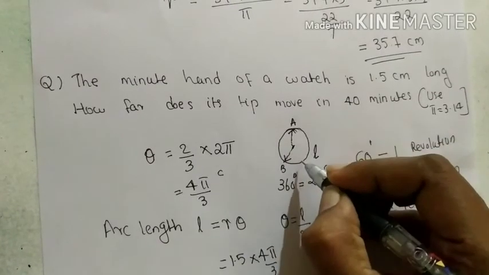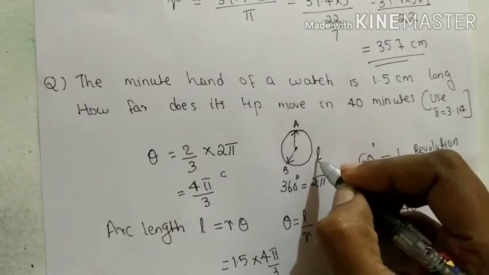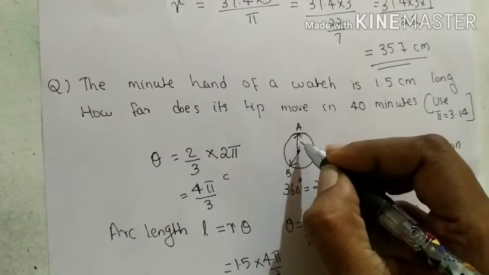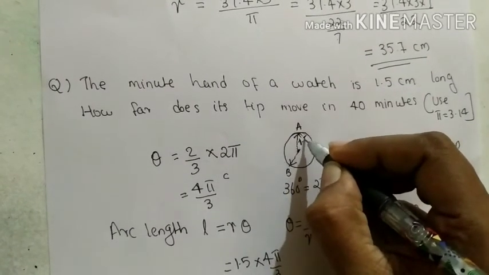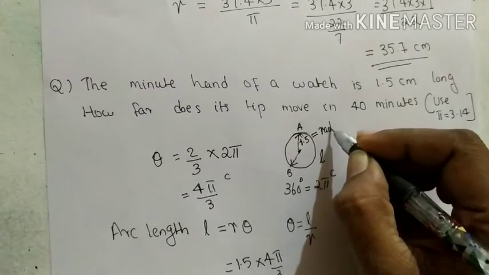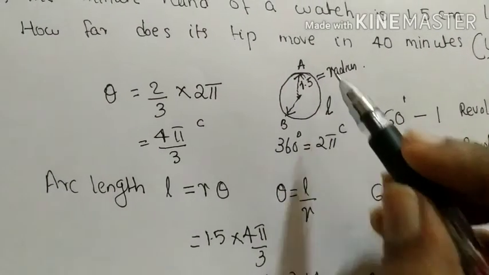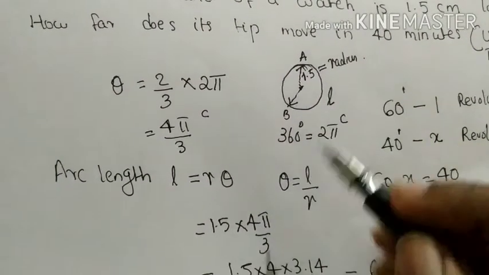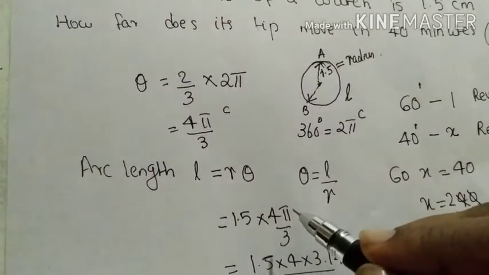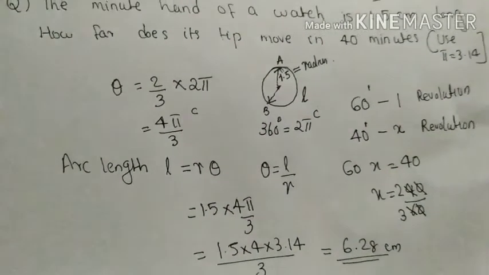Distance traveled by the minute hand is denoted by our arc length, and the minute hand length is given 1.5, which is equivalent to our radius. And substituting all these values, the radius and angle, into this equation, we get our arc length. Using this formula L equal to R theta, we get our arc length. Okay, I hope you understood.